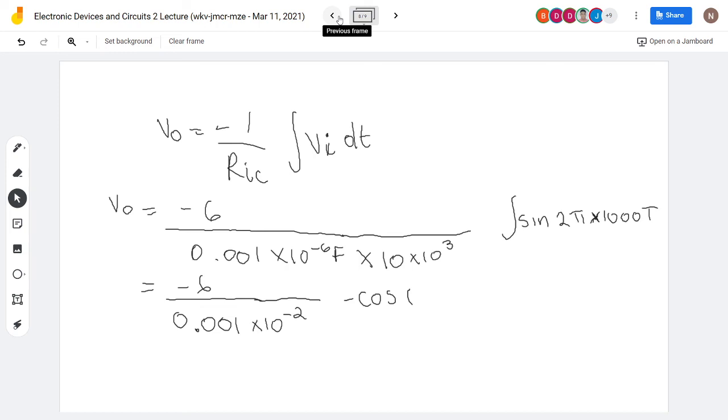So we write the angle, minus cos 2 pi 1000 t, and the t is not capital T, it's common t, because it's time we're talking about. And that is going to be divided by the angle, which is 2 pi 1000.